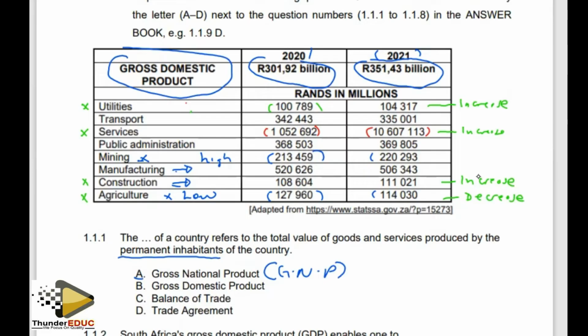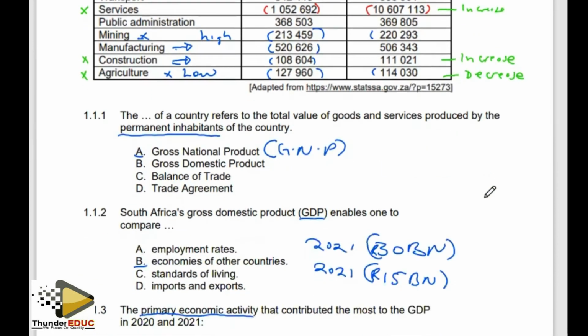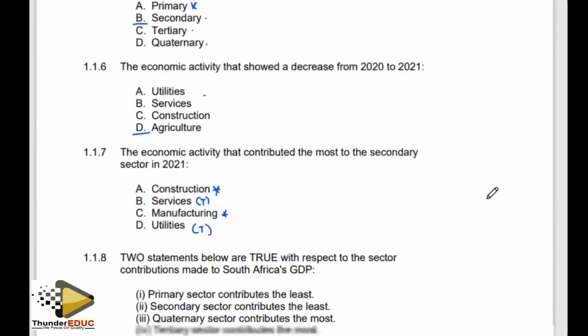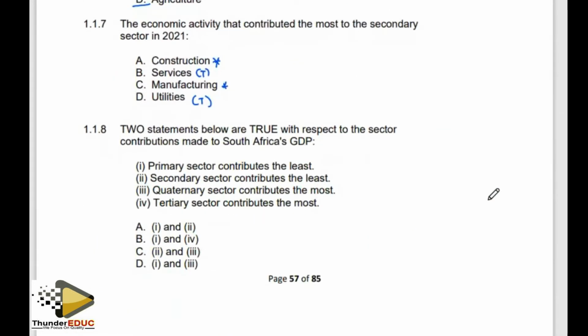So you can see that the manufacturing value is way higher as compared to construction. So that is why we say manufacturing will be the right option, because it showed the highest contribution as compared to construction.